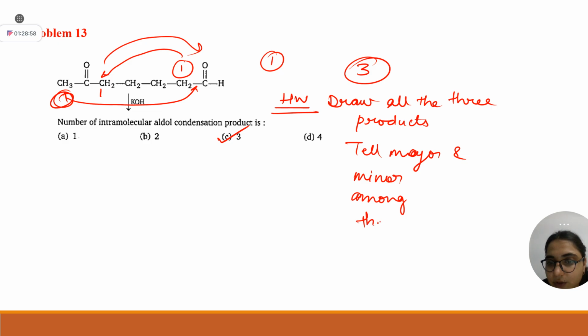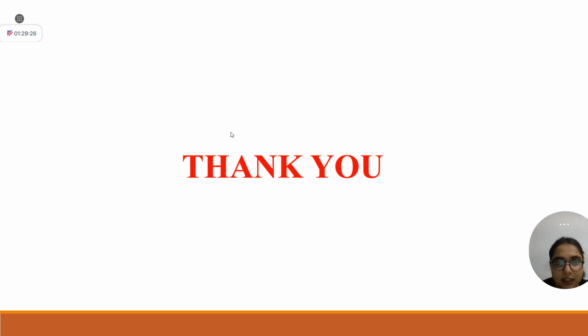Will you be able to solve that? Yes, obviously, ma'am. Major will be where the electrophile will be your aldehyde. But now think 1, 2, 3, 4, 5, 6, 7. So major will be when this carbanion is going to attack your aldehyde. So that will be your major. Okay, good. Now I think this is the last.